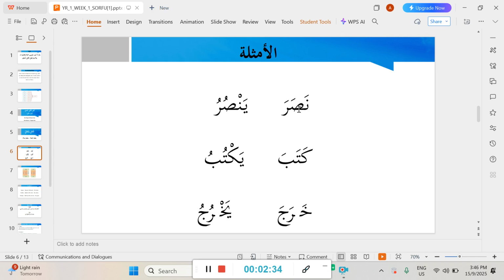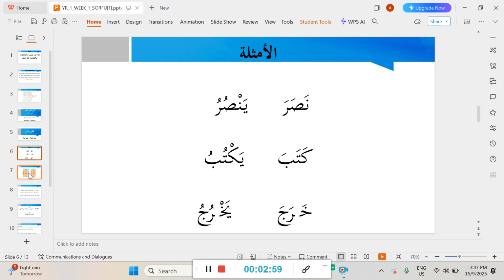These are examples: nasara yansuru, kataba yaktubu, kharaja yakhruju. If we notice this very well, we will see that these examples I read now pertain to the initial pattern I mentioned earlier, that is fa'ala yaf'ulu.